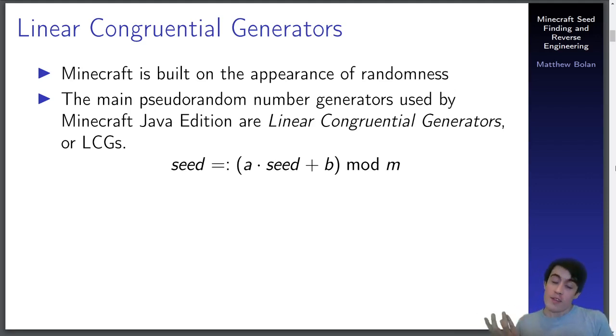And likewise, I'll refer to linear congruential generators as LCGs. So if we want to understand and predict Minecraft randomness, if we want to find seeds, if we want to crack seeds, we have to understand linear congruential generators because that's how Minecraft does it. That's almost everything that runs under the hood is a linear congruential generator.